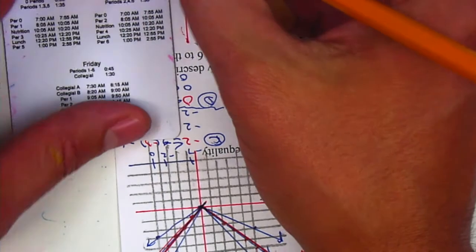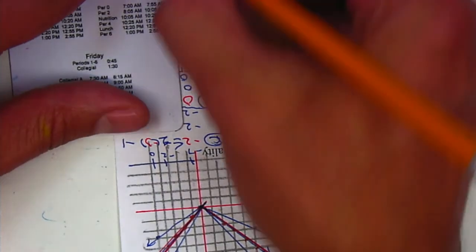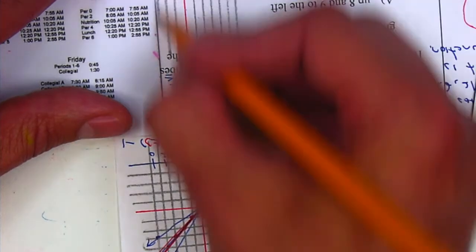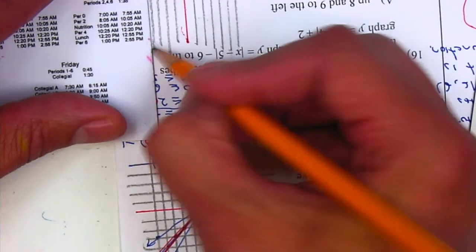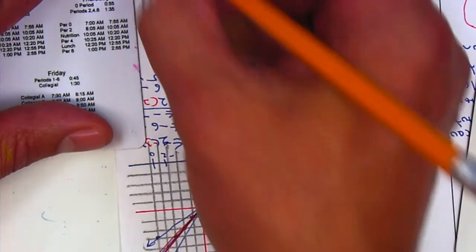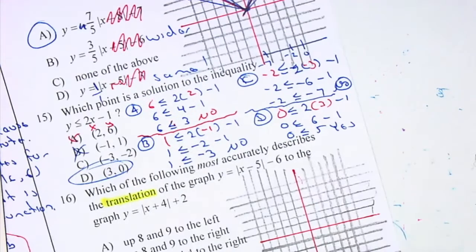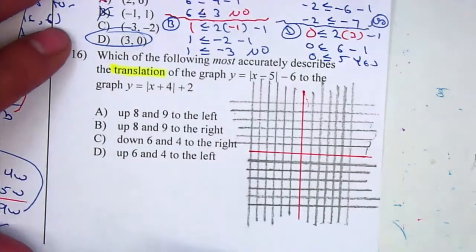Go to your paper. 1, 2, 3, 4, 5, 6. One last. Go to your paper. 1, 2, 3, 4, 5, 6. And here we have a nice little graph.